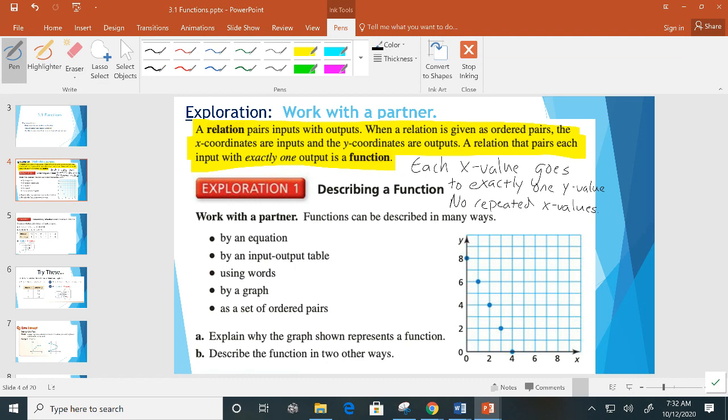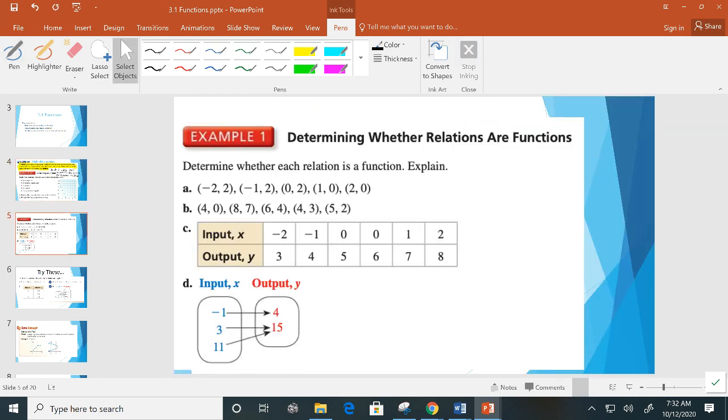So let's take a look at our first example here. It says determine whether the relations are functions and explain. So what we're looking at when we're dealing with these problems here is we're determining, do we have any repeated x values? Okay, do we have any inputs that are repeated here? So we're looking at our x values.